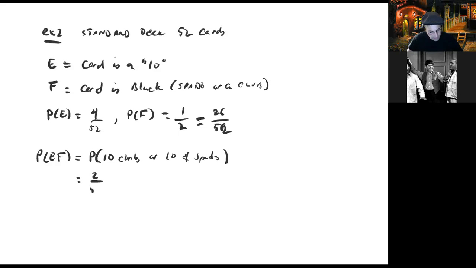So the probability of EF is 2 out of 52, which is the same thing as the probability of E times the probability of F in this case, because the probability of E we saw is 4 out of 52, and the probability of F is 1/2. So that works, it's independent. Great, so that's another example.